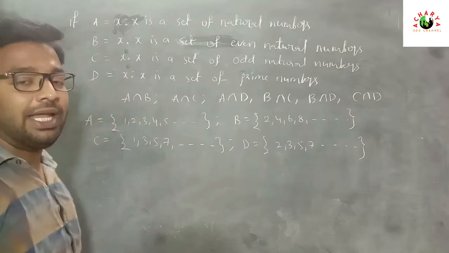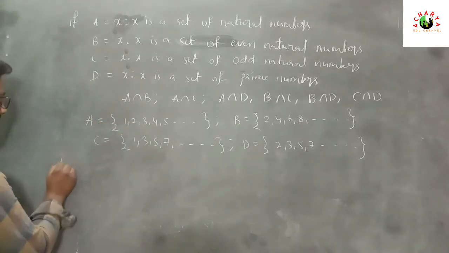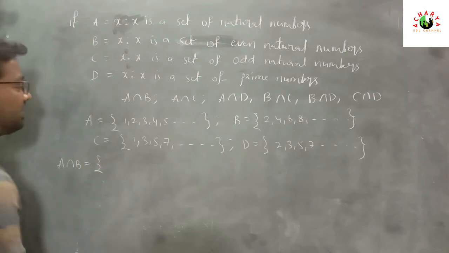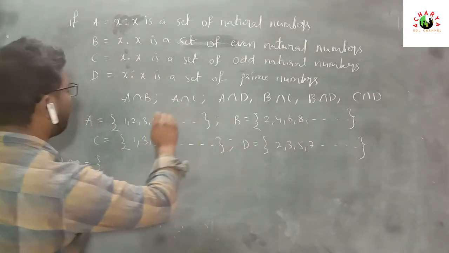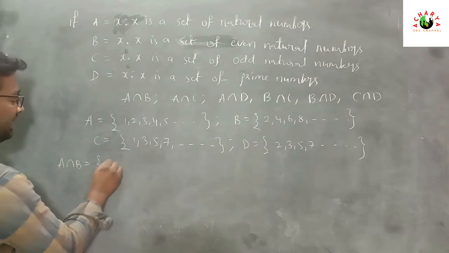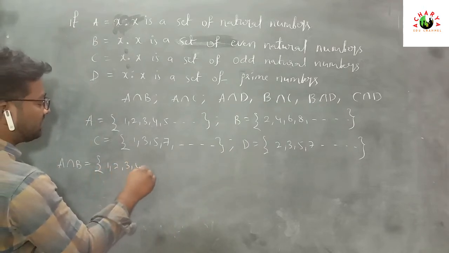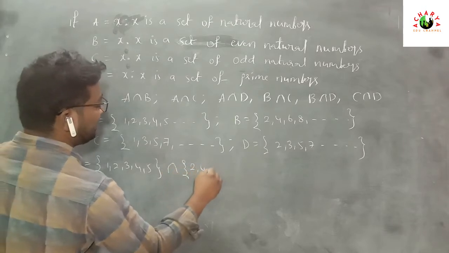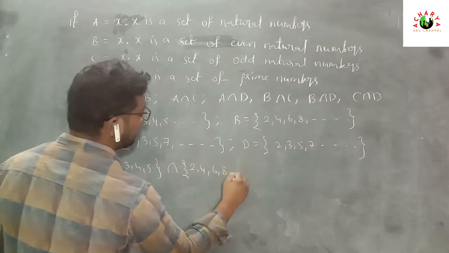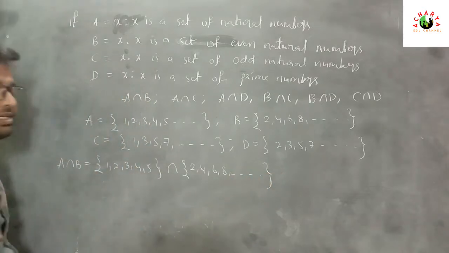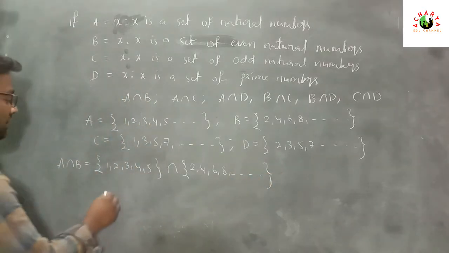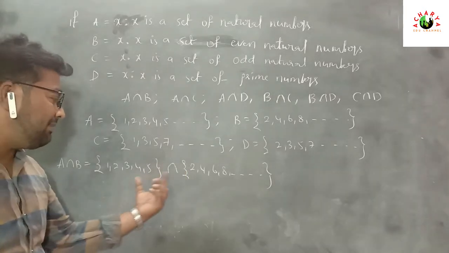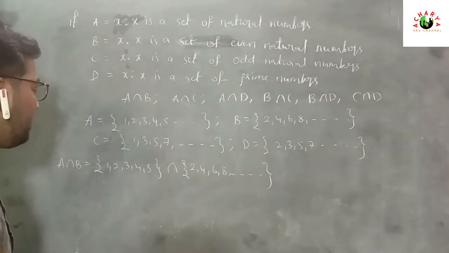Now A intersection B. Which are the common elements of A and B? Here the A set is 1, 2, 3, 4, 5, and the B set is 2, 4, 6, 8, and so on. Now what is A intersection B? Intersection means the common elements of both the sets.